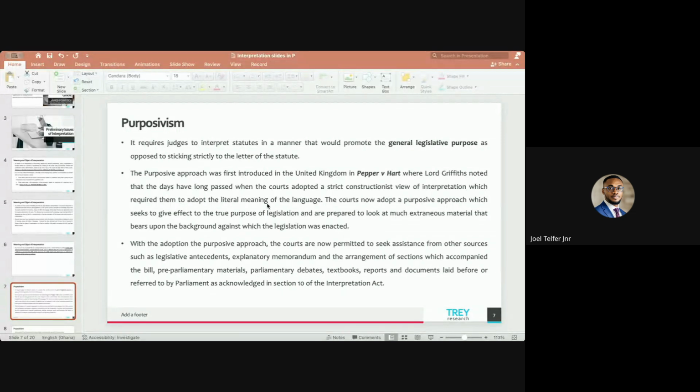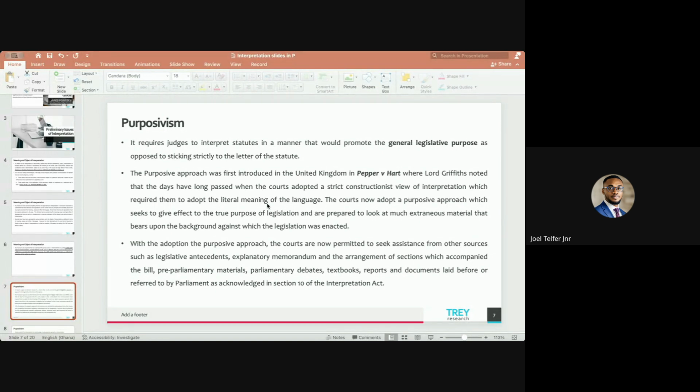However, as time went along, due to the constraints and the absurdity that was apparent in providing an interpretation in that manner, the court developed the purposive school or purposivism to ensure that you are able to better ascertain the intent of the legislature by looking to the purpose for which the text was created. And it came to light that a strict constructionist view did not provide a better means of effectuating the true intent.